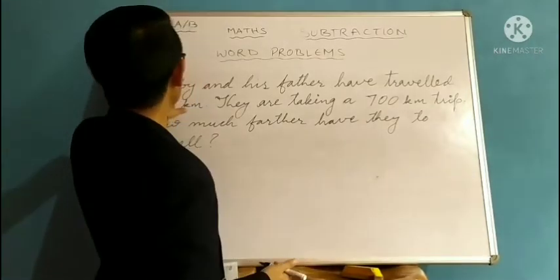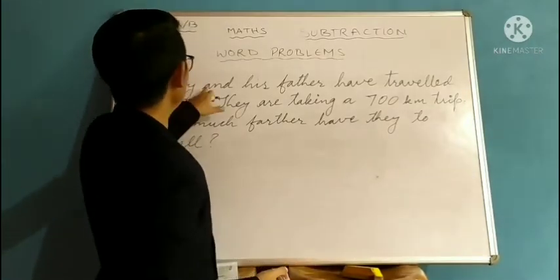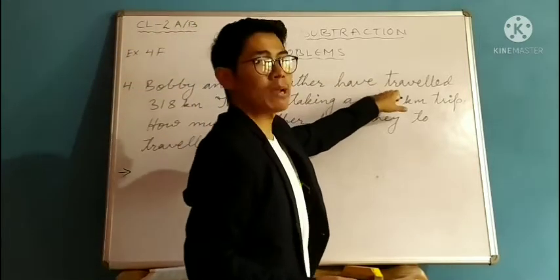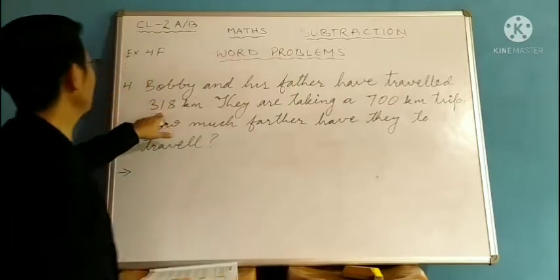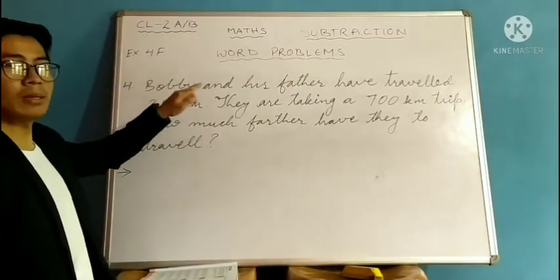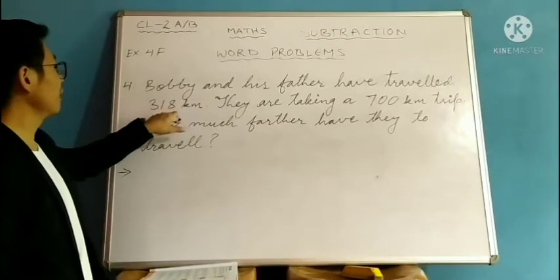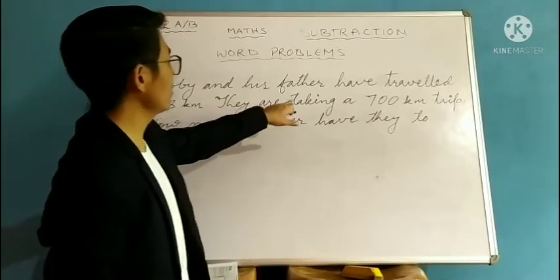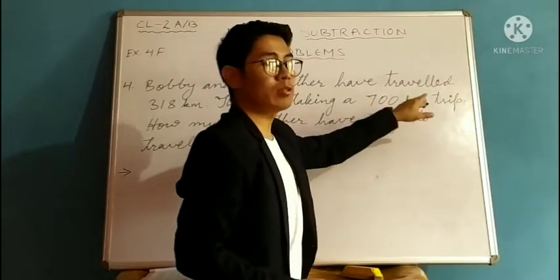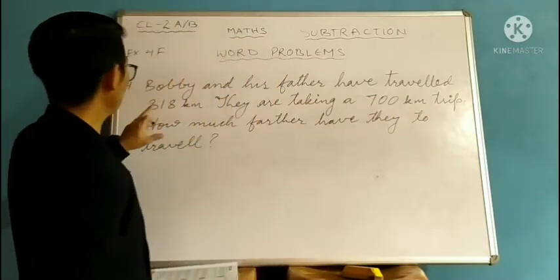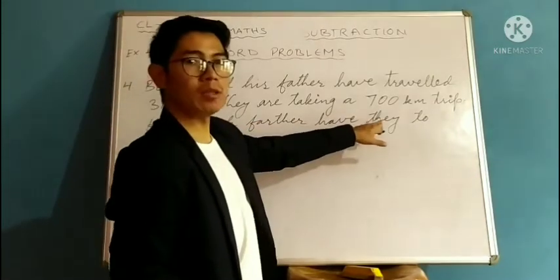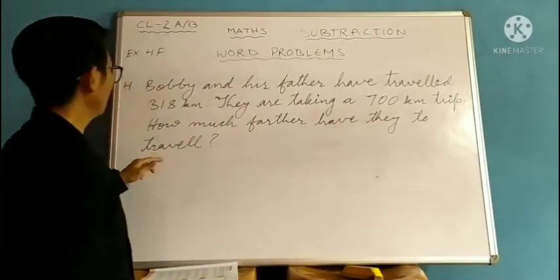In question number 4, Bobby and his father have traveled 318 kilometers. They are taking a 700 kilometer trip. So the question is, how much farther do they have to travel?